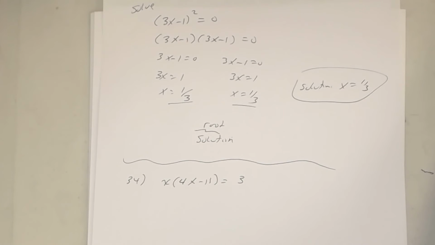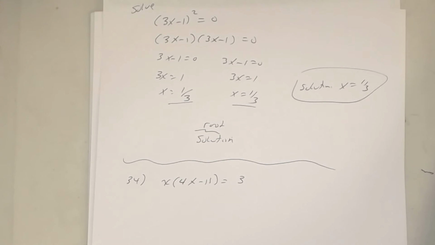So x times 4x minus 11 equal 3. What kind of equation is this? It's quadratic. Okay? All right. So how would you approach this? To make it not factored. Okay. What'd you say? Move the 3 to the other side.